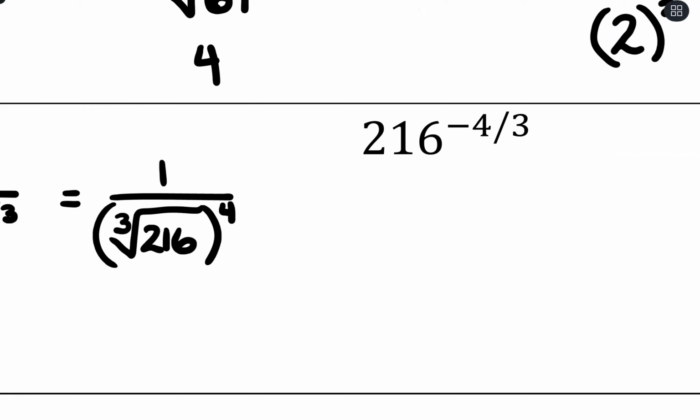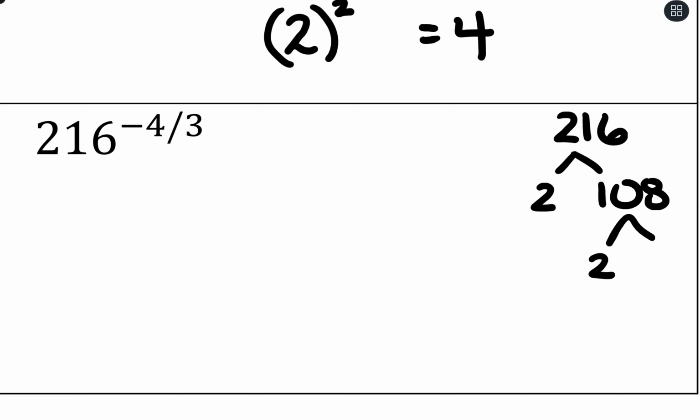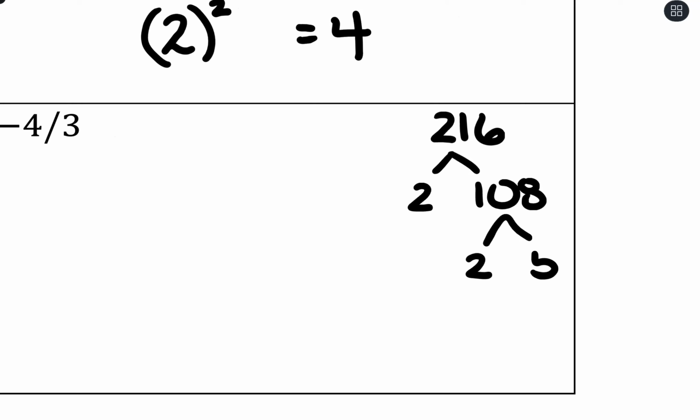Now 216, just personally, is a value I'm not particularly familiar with, so I'm going to play with the prime factorization. So I know that's divisible by 2, and that would give us 108 left over. That's also divisible by 2, which would leave us with a 54.